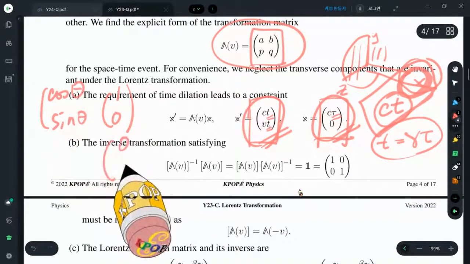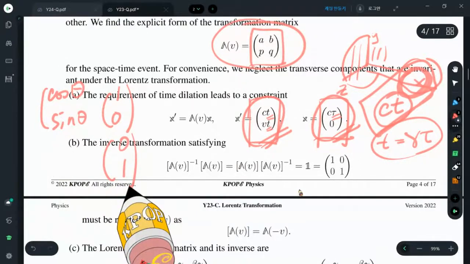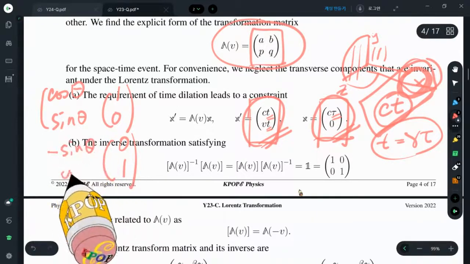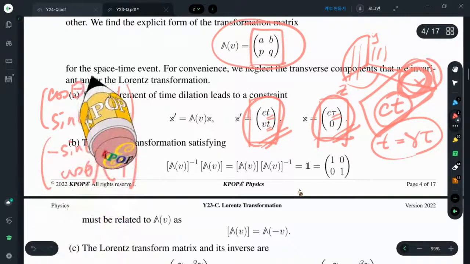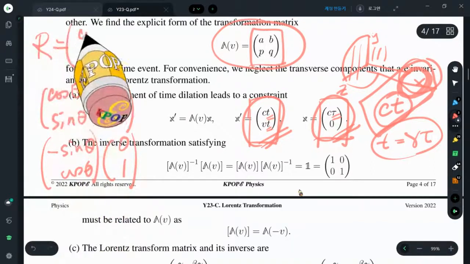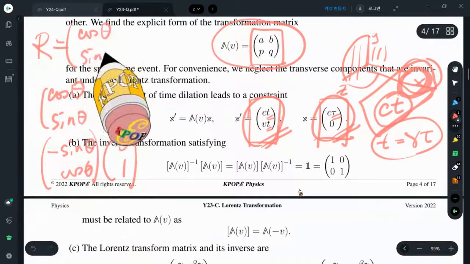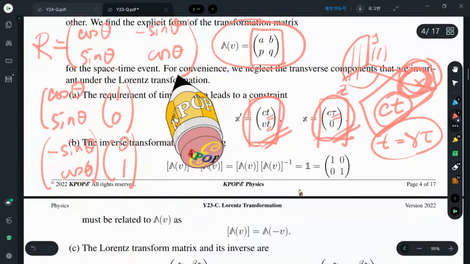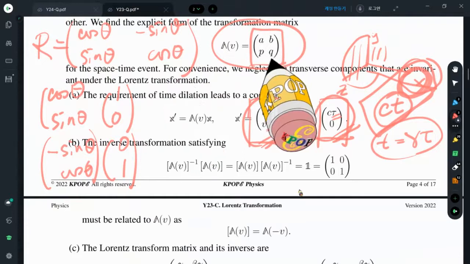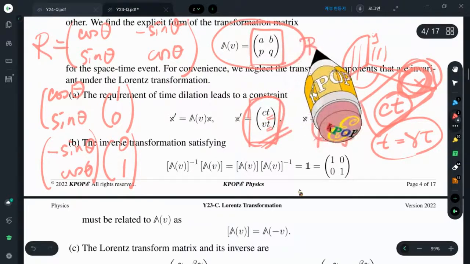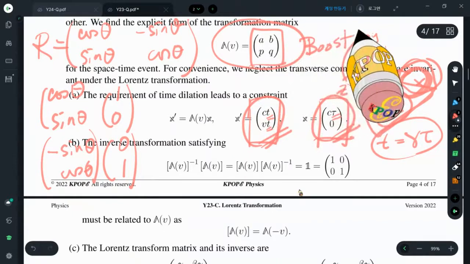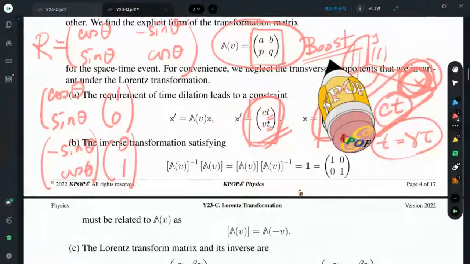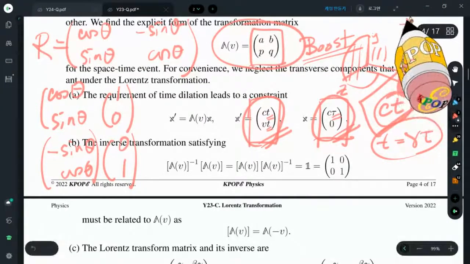We learned that the 0, 1 unit vector along the y-axis transforms into sine theta, cosine theta. Using this, we constructed the rotation matrix of the form cosine, sine, minus sine, cosine. Using a similar method, we construct the boost matrix, the Lorentz boost matrix. Boost matrix means it generates the relative motion by velocity v.